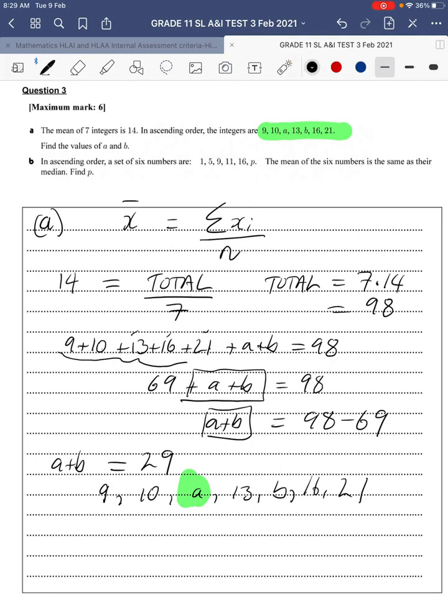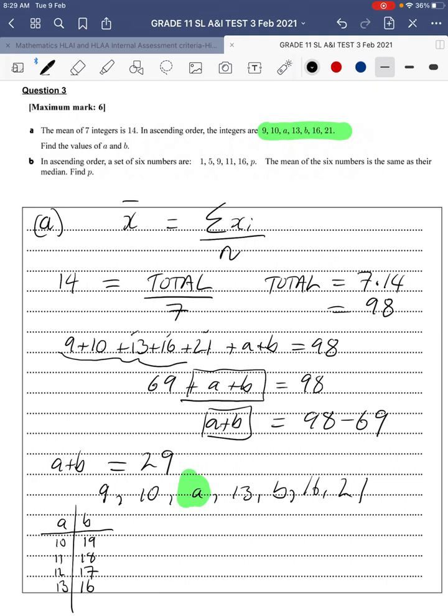So then we just try it, maybe a little table here. A could be 10, 11, 12, 13. So you've just got to play with it now. And then B has got to add up to 29. So B's got to be 19, or maybe 18, or maybe 17, or maybe 16.